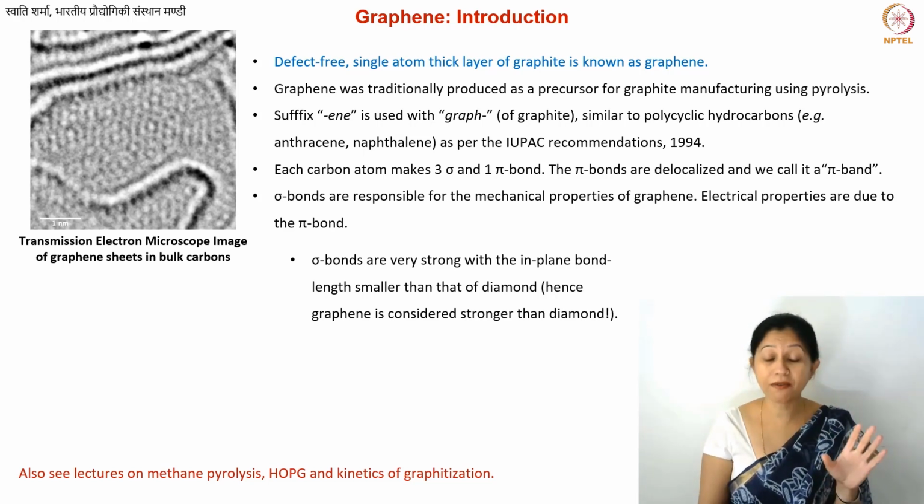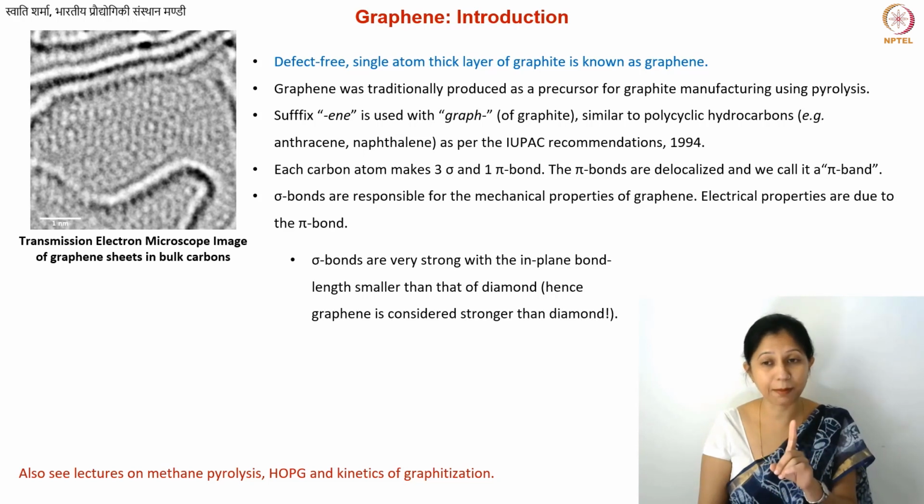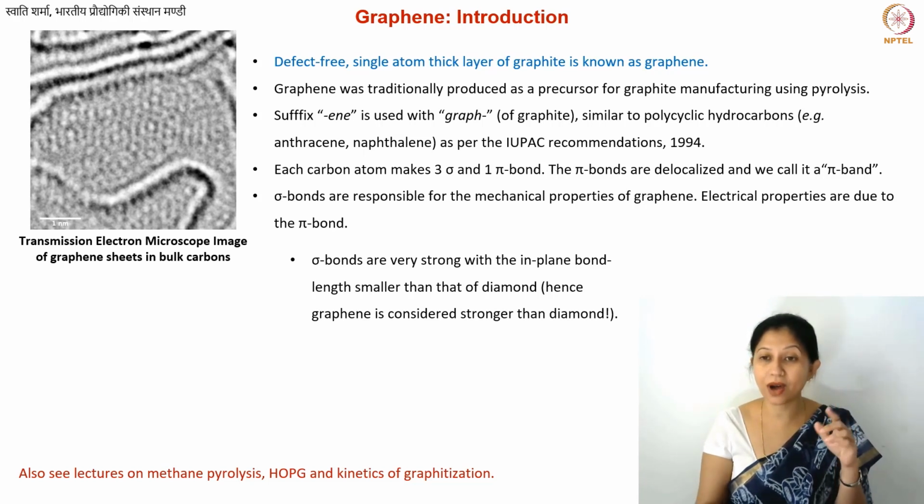However, you know that for technological applications, if you want to make a cutting tool, you will rather use diamond. Because the property that we are describing here is for a single layer of graphene, a defect-free single layer. And in that case, can you have very large 2D crystals?